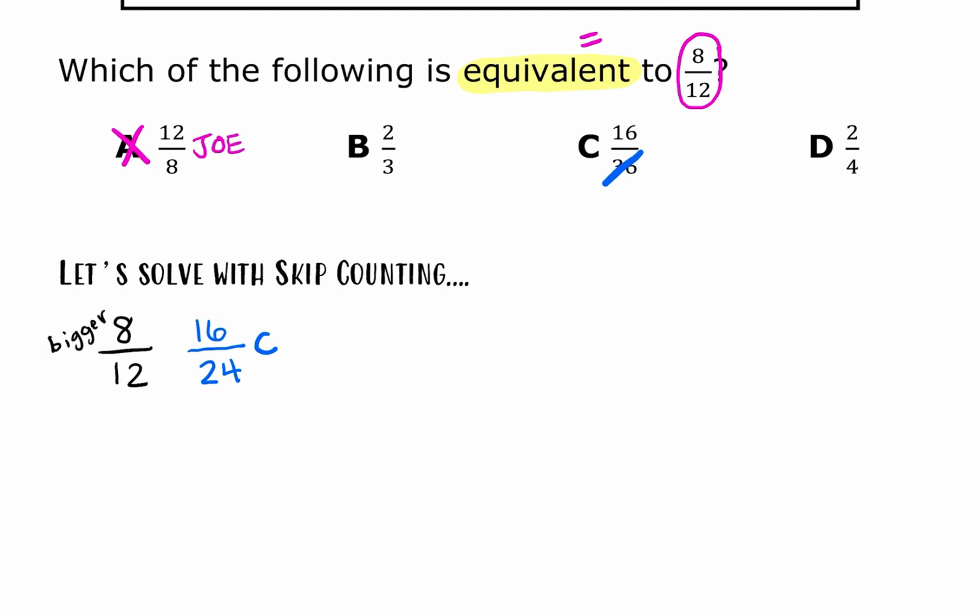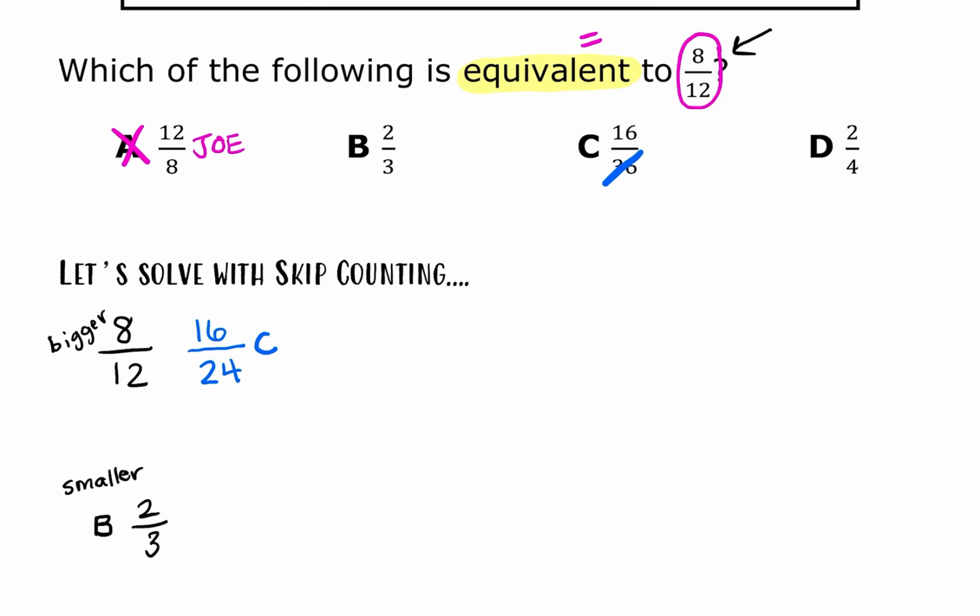So now, if we keep skip counting 8 over 12, we're just going to get bigger. And notice both of these are smaller than 8 over 12. So if I need my answer to be smaller, I have to take my answer choices and skip count those to see if I can get to 8 over 12. So I'm going to start with B. B is 2/3.